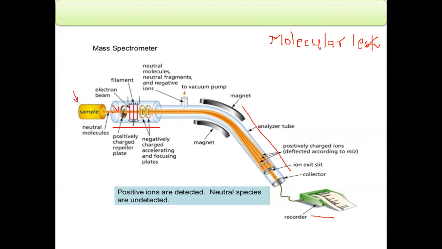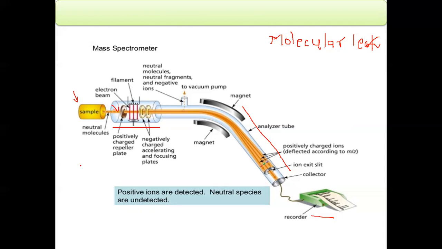The sample can be easily introduced into the ionization chamber. Even volatile liquids and solids are also introduced into the ionization chamber. But for non-volatile or less volatile materials, the system is designed to fit into an oven, which can heat the sample to provide greater vapor pressure.